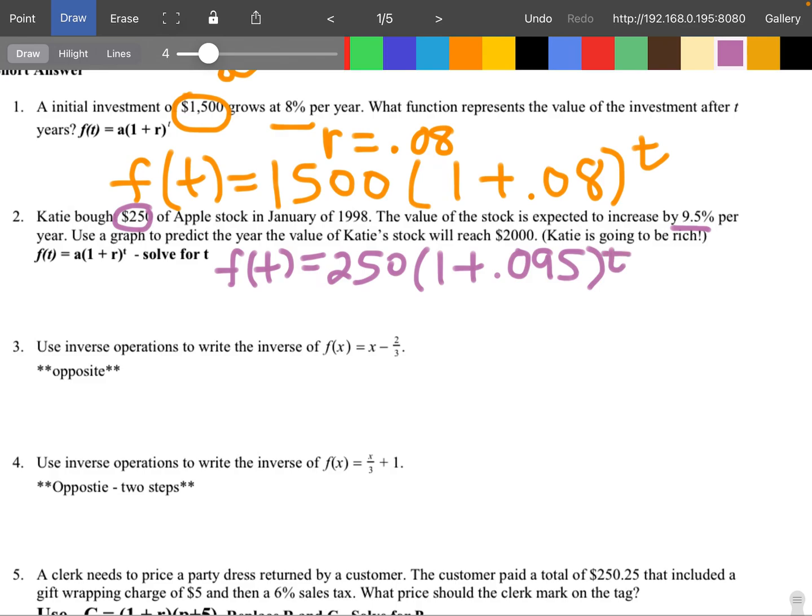And we want to know when this equation becomes 2,000. So let's go ahead and graph it in order to solve for t. That's probably the easiest. So again, we want to find out when this function is $2,000.